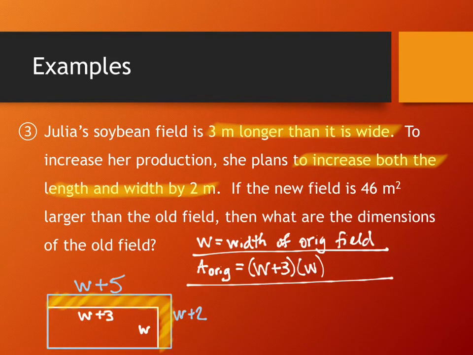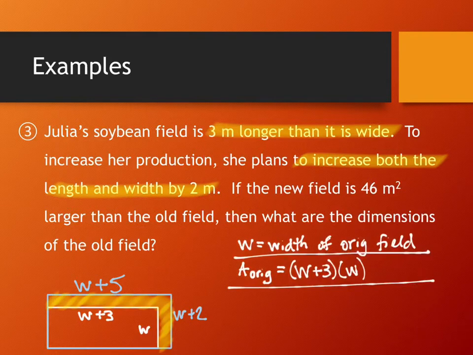And then I have my new area. If you don't want to use original and new, you can use smaller and larger. It doesn't matter. Just identify that they are representing different quantities. The area of the newer or the larger field, that's the one that's in blue, right? My dimensions are written in blue. What's the area formula for that field? W plus 5 times W plus 2.